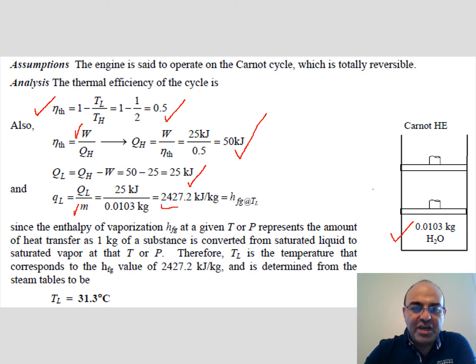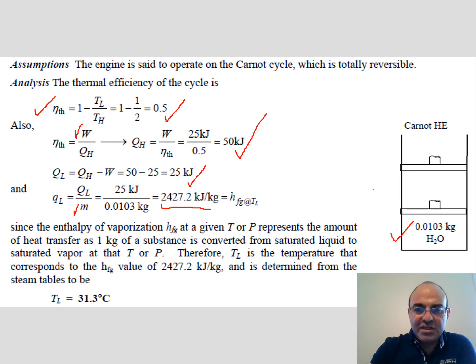So we have found this QL. The problem states that the heat rejection process occurs based on some given conditions. So it occurs like steam in the saturated form is totally converted to saturated liquid.